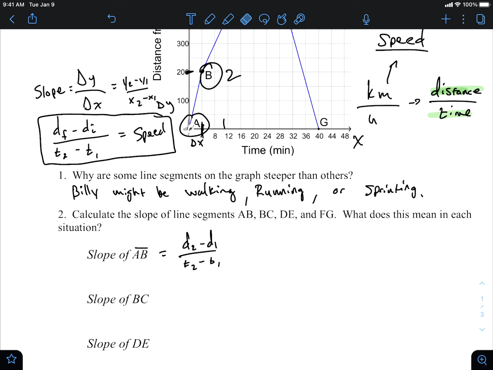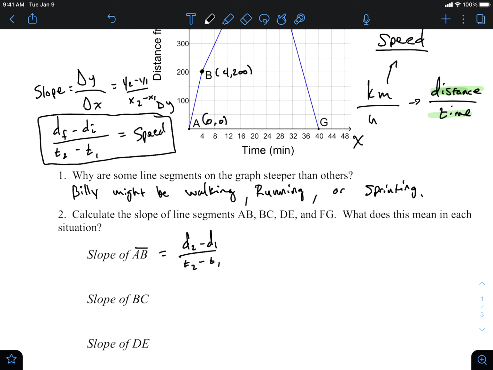So let's look at the points then. I'll erase some stuff so we can see. Let's read off the points. B has a point of 4 and 200, and A is obviously at, I'm going to assume, 0, 0. No time, no distance away from his home. Everybody happy with that? So the slope for this one's not too bad.